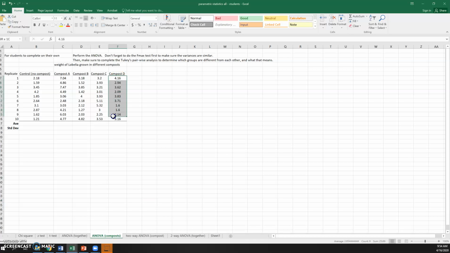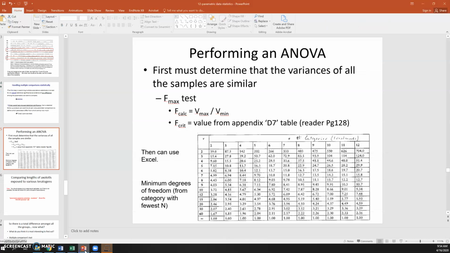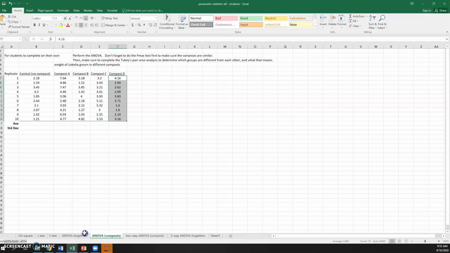And our replicates are 10, which makes our degrees of freedom 9. So our cutoff, our F max critical, is 7.11. That's the difference between an F test and an F max test. It's just whether you're comparing two groups only, like for the z-test, or multiple groups for the F max for an ANOVA.